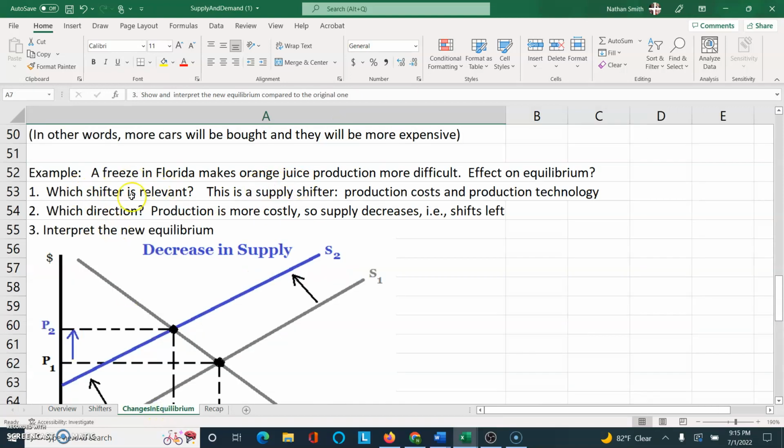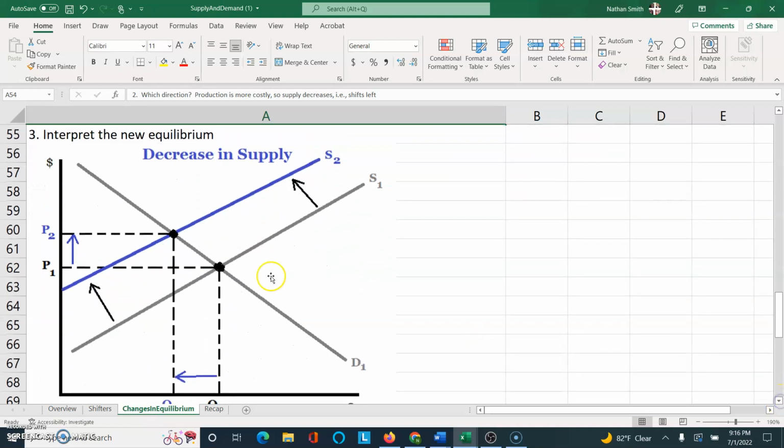Step 2, which direction? Production is more costly. That's going to discourage production because it's going to be more expensive and less profitable. So that's going to cause supply to decrease, and that's going to be a shift to the left. All right, now let's interpret. Originally, you started at this equilibrium here, P1, Q1.